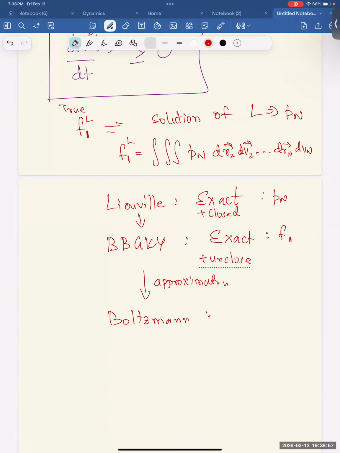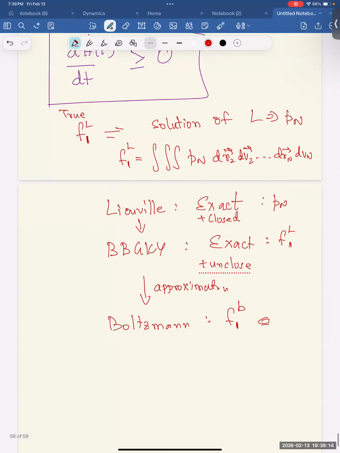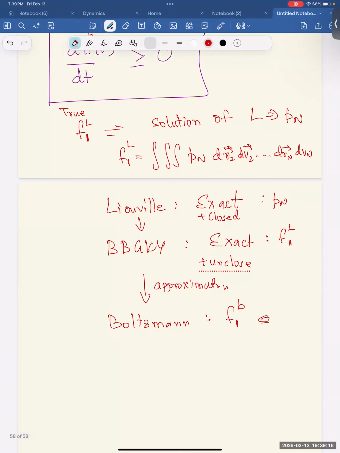And with the Boltzmann equation, we get F1B. Okay, so let's call this F1L, F1B, right? So these are not the same things. This is an approximation to F1L, okay? So let's now state some facts here, okay?